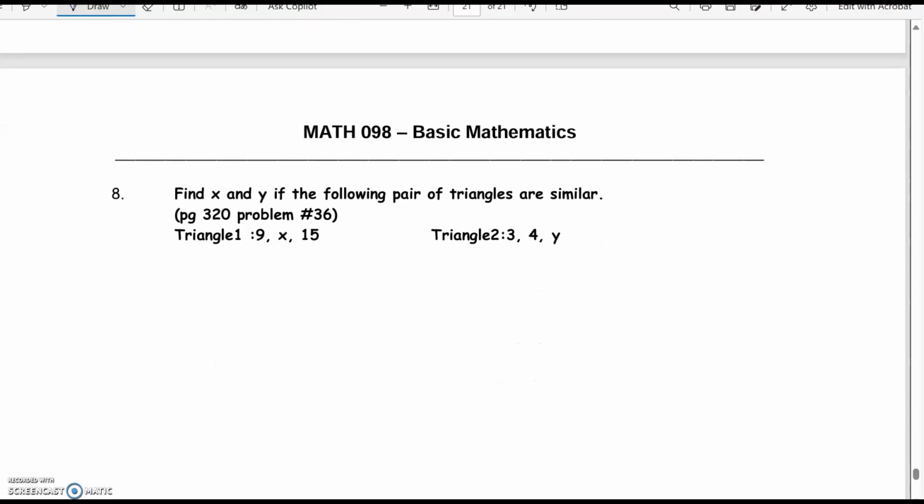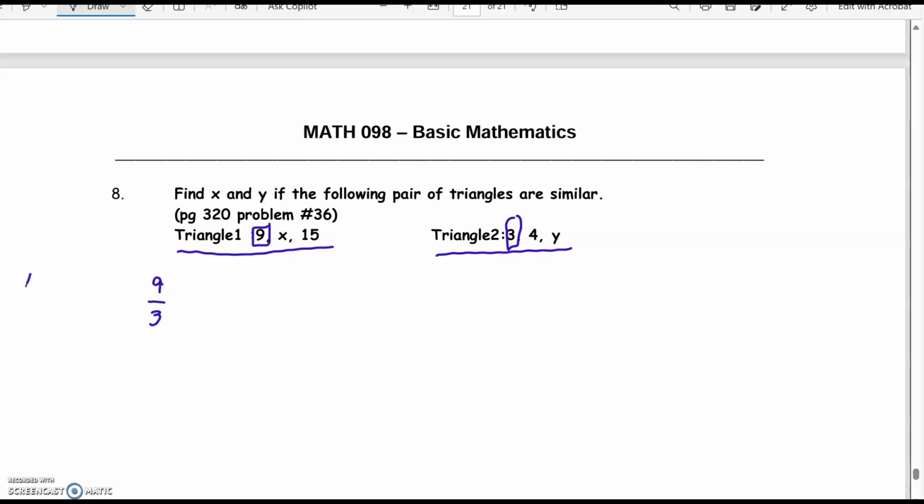So it says find x and y if the following pair of triangles are similar. So this is triangle 1, and we can assume that the sides are given in order. So we can say this side is corresponding to this side. Okay, so we have 9/3.